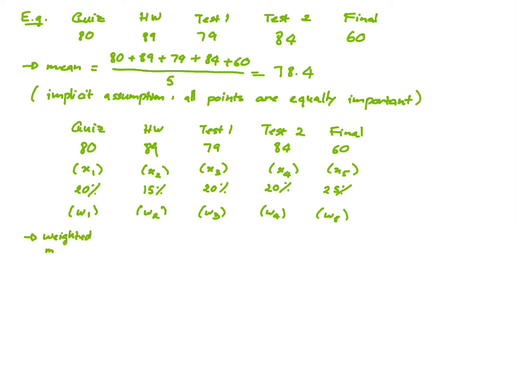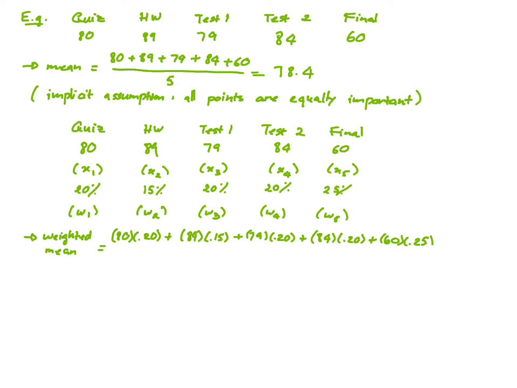The weighted mean is going to be equal to 80 times 0.2 plus 89 times 0.15 plus 79 times 0.2 plus 84 times 0.2 plus 60 times 0.25.